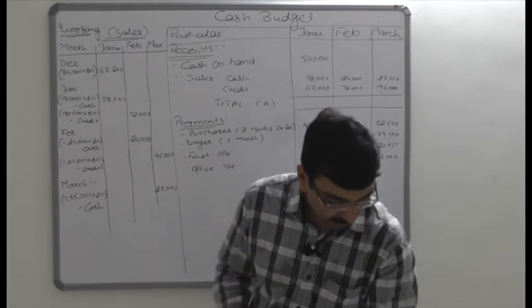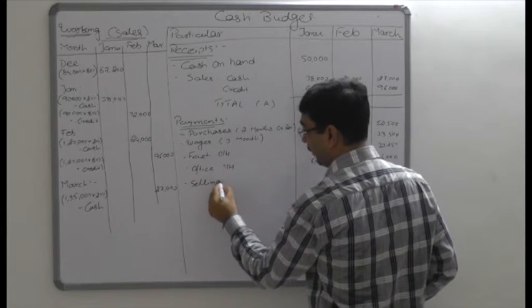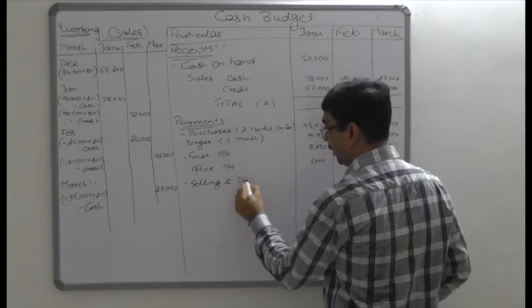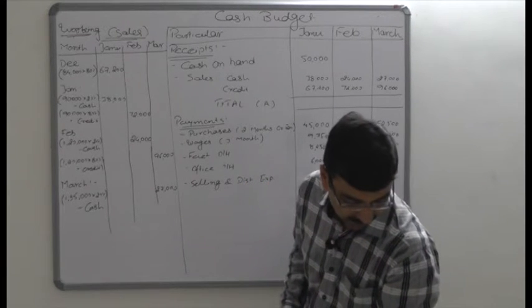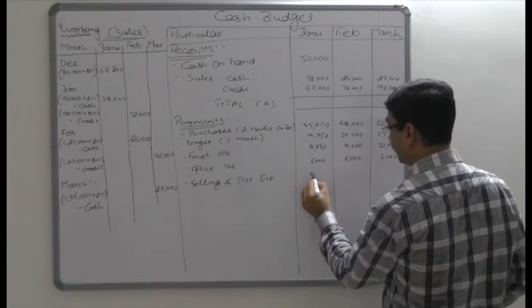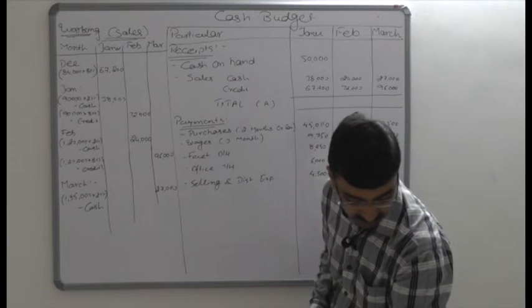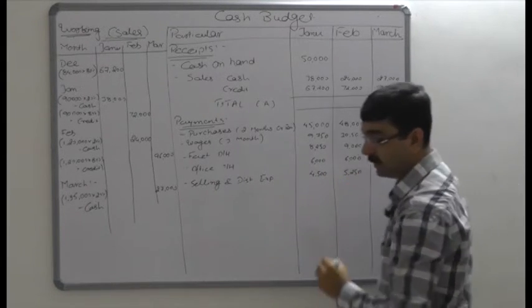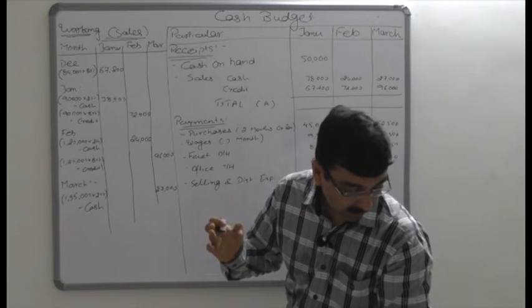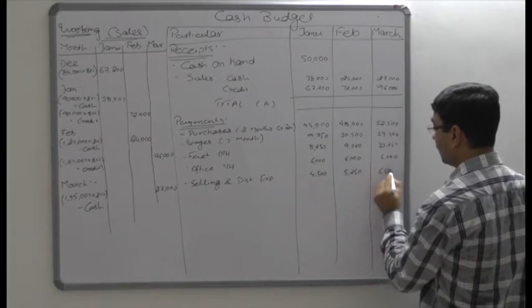And the selling and distribution expenses: in December it's 4,500, in January it's 5,250, and in the month of February, that is 6,570 rupees.